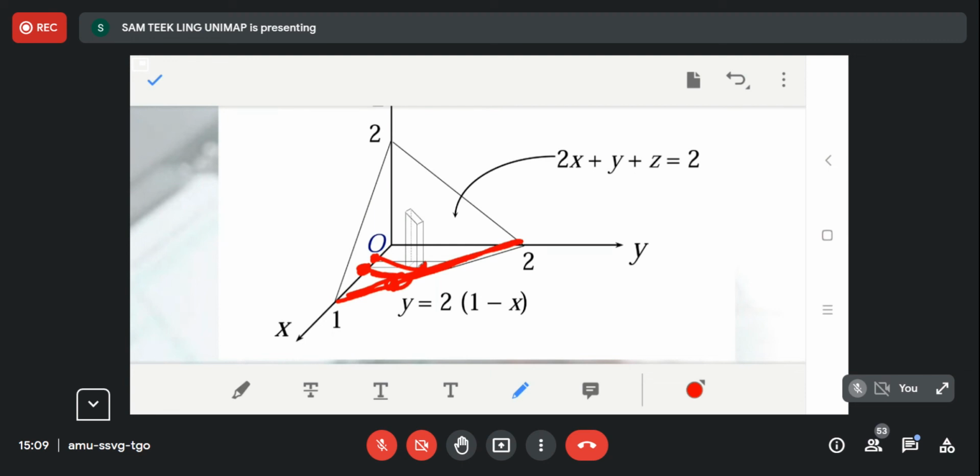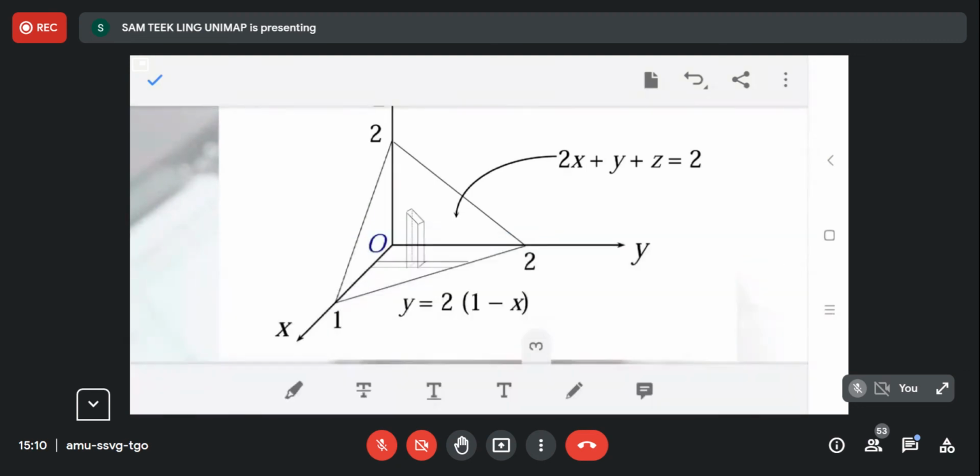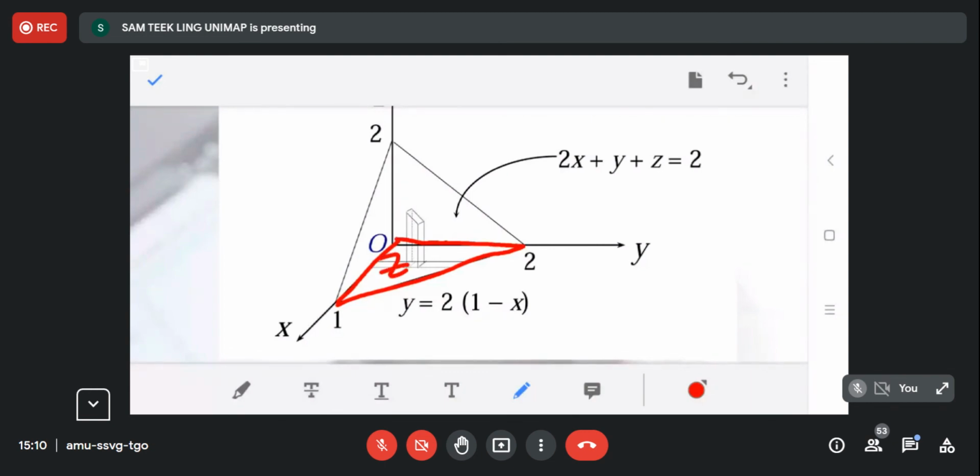So how to find this plane? We will know it is the plane z equals 0. So 2x plus y plus z equal 2, you replace your z equals 0.